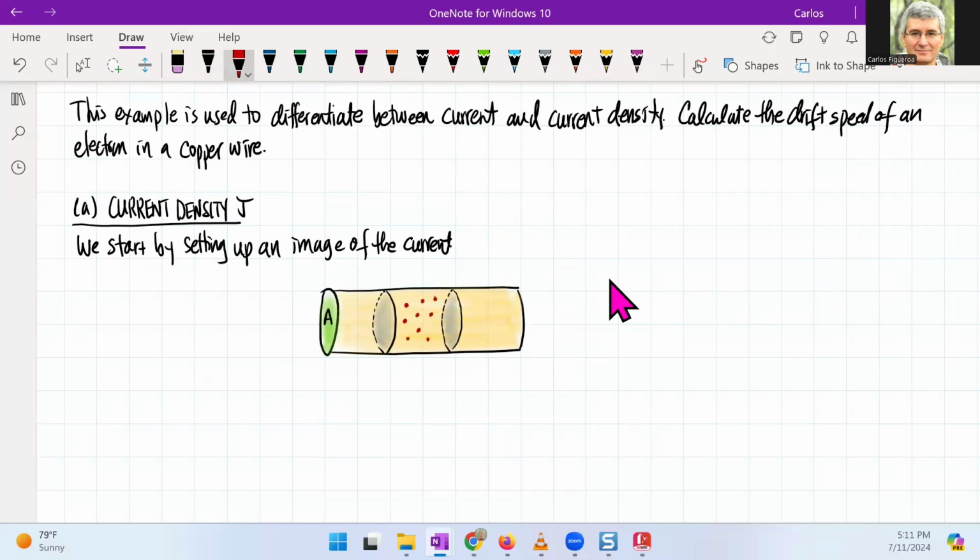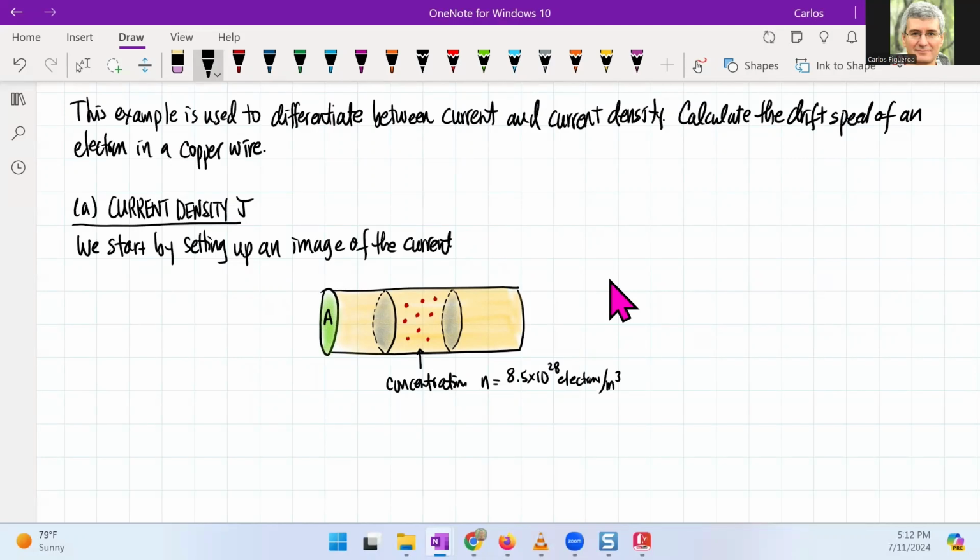And according to the concentration, this number tells us that this concentration of electrons is going to be on the order of n of 8.5 times 10 to the 28 electrons per meter cubed. Now, note that's huge, but that's for a meter cube. For a wire, it's got to be smaller.